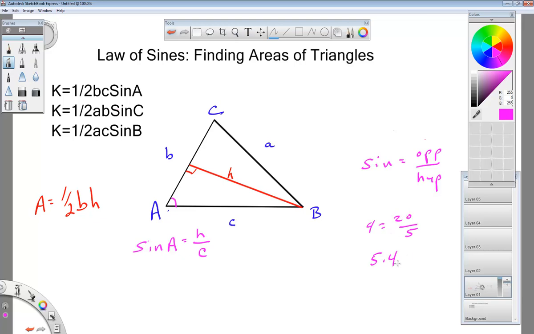So using that example here, h is c times sine of A. H actually equals c times the sine of A. If we substitute this h in for this h here, we get a formula that looks like this: A, the area, equals 1/2 the base times the height, and in this case the height is c sine A. That is this formula right here, and that's how they get that.